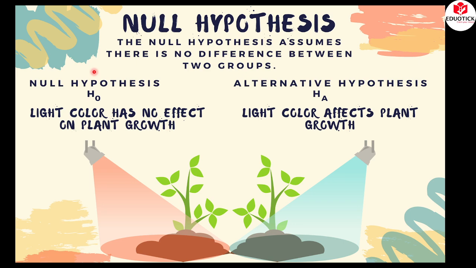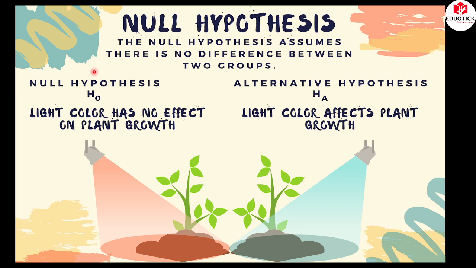The null hypothesis assumes there is no difference between two groups. For example, the null hypothesis is that light color has no effect on a plant, and the alternative hypothesis is that light color has an effect. These are two statements. This is the null hypothesis, and this is the alternative.